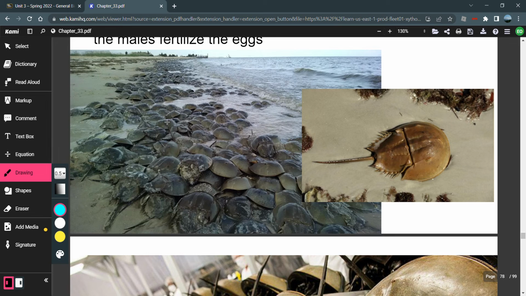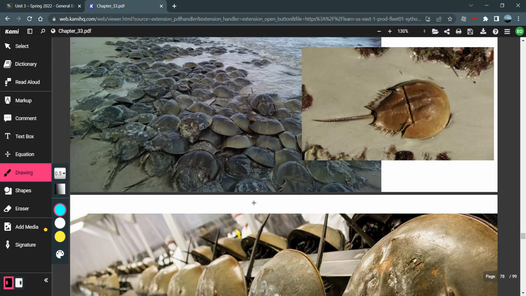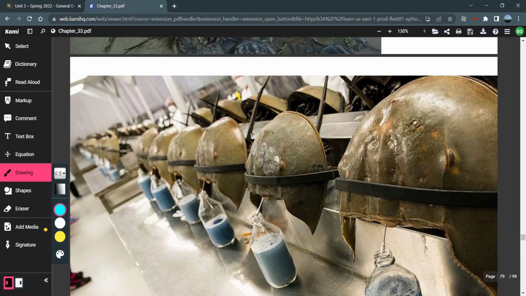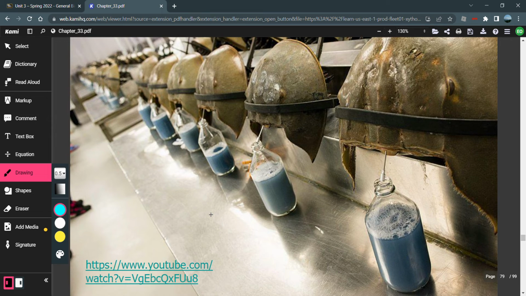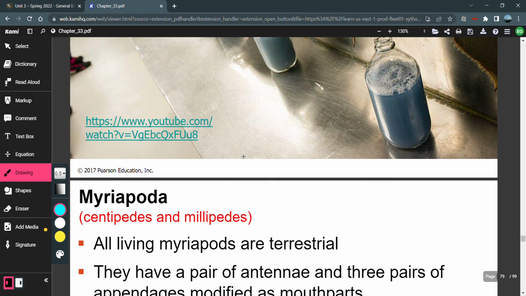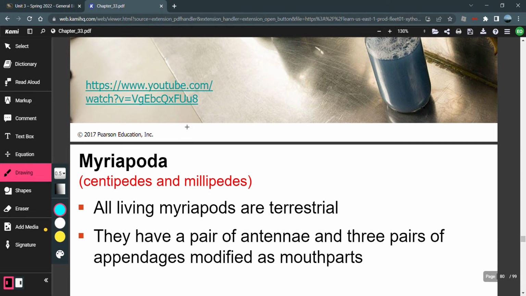So here is a bunch of males fighting over eggs, and they are used for their blood, because their blood is extremely sensitive to bacterial spores, and this helps detect biofilms and bacterial spores on medical equipment that is supposed to be sterilized.